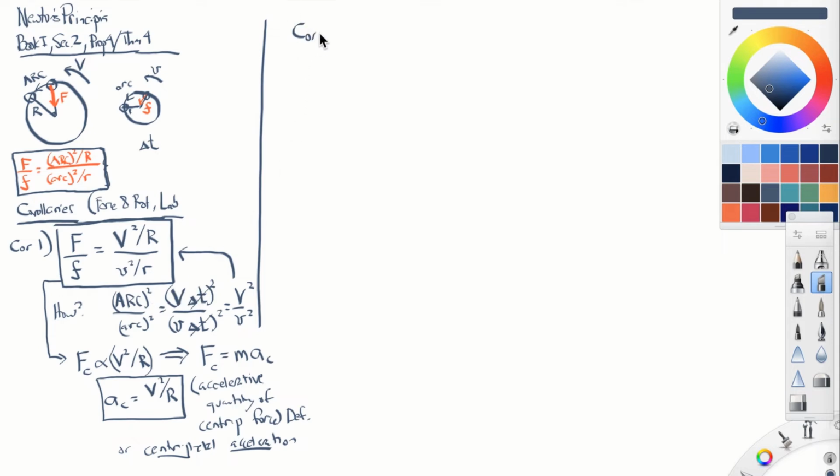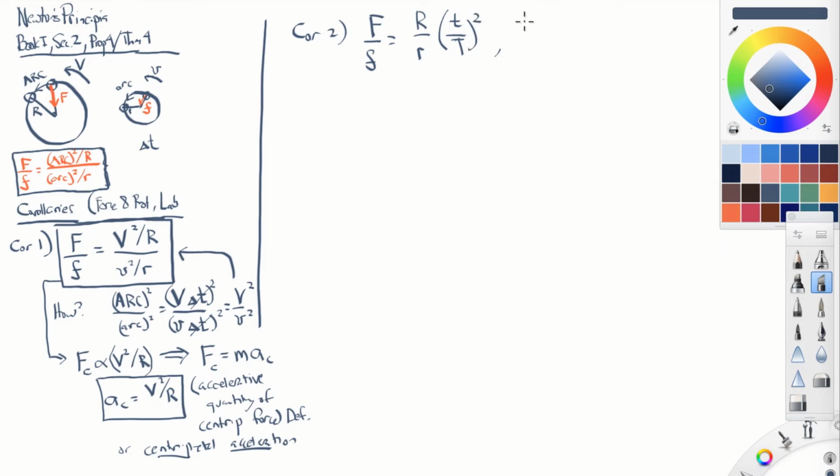What about Corollary 2? What does Corollary 2 say? He says that this quantity here, the orange formula, kind of our base formula, can be written in another way. It can be written as being proportional to the ratio of the radii and inversely proportional to the times of orbit squared.